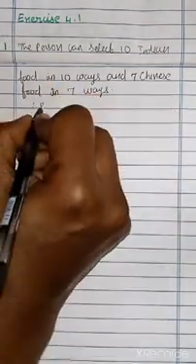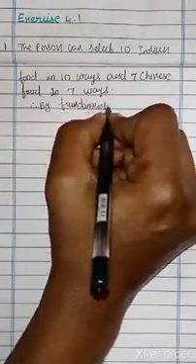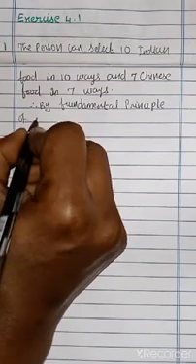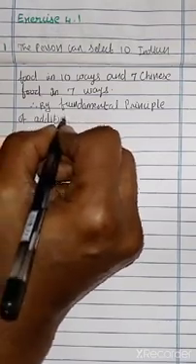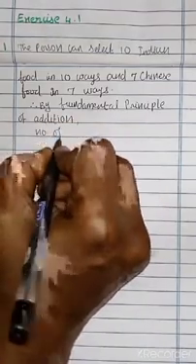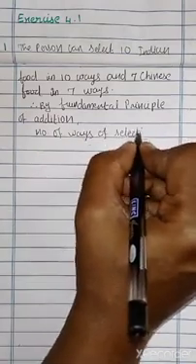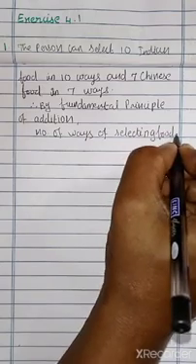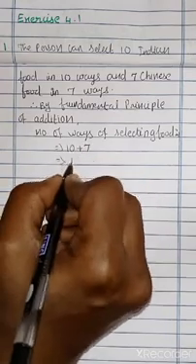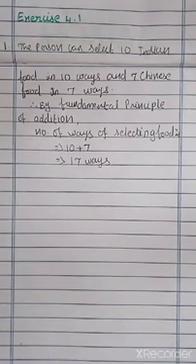Therefore, by the fundamental principle of addition, we are using addition, right? So by the fundamental principle of addition, the number of ways of selecting food is 10 plus 7, which is equal to 17 ways. This is your answer.